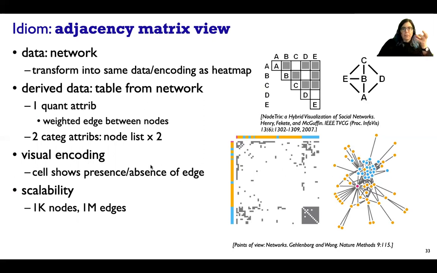And we can see side by side these adjacency matrix views versus the node-link views. The visual encoding is just that we draw these as a matrix. The cell shows whether or not an edge is present. Now, the key punchline to this slide is, so let's think about scalability. Just like with heat maps, if we go all the way down to having 1 pixel per cell, then in the limit, if we had a 1,000 by 1,000 pixel screen, we could have 1,000 across, 1,000 down, and we could actually represent 1,000,000 edges, right, in the limit.